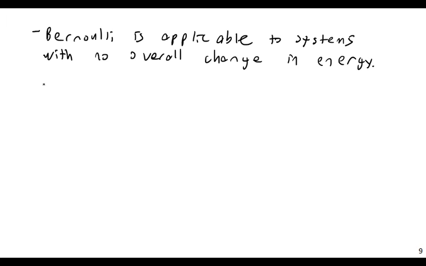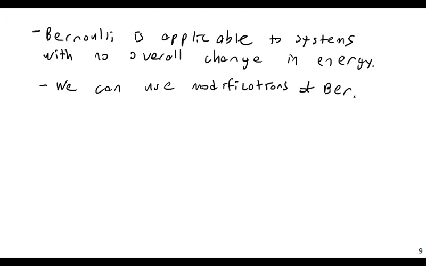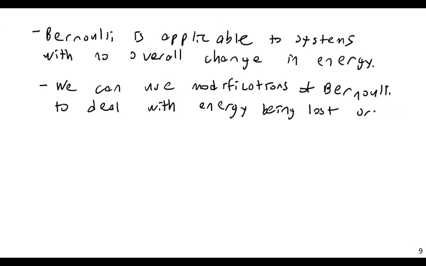Later in the semester, we can use modifications of Bernoulli to deal with changes in energy, to deal with energy being lost or gained from the system, lost by or given to the system.